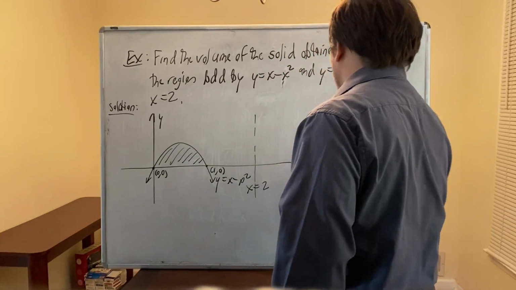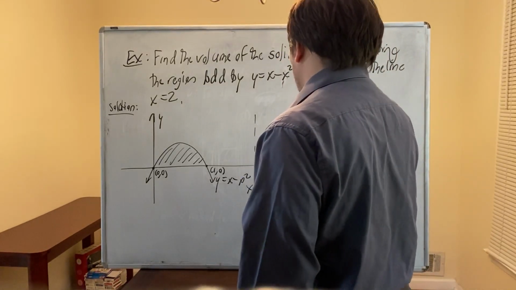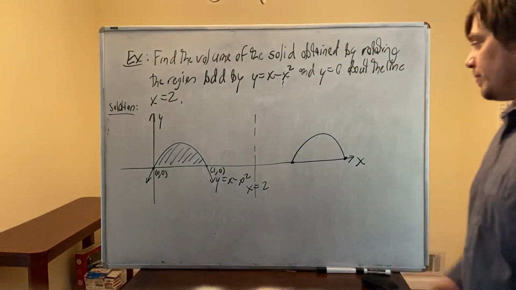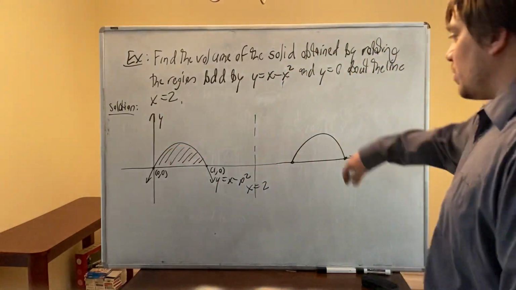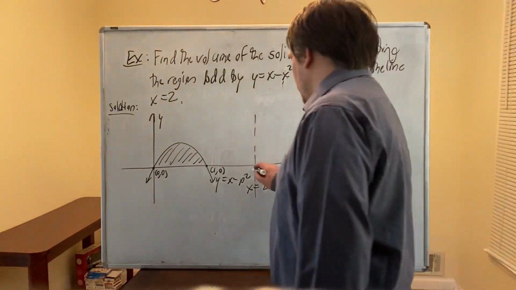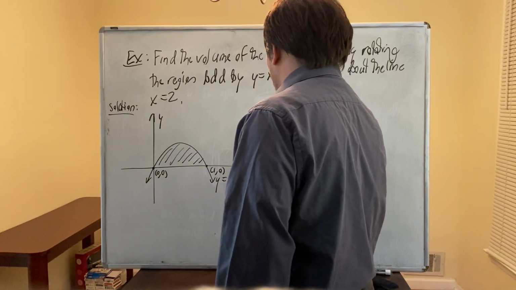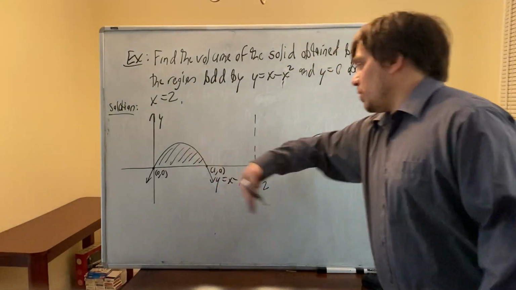So let's give myself more space here. You're going to take that and rotate it about the line x equals 2. I'm drawing this arrow just to note that I'm rotating about that line.